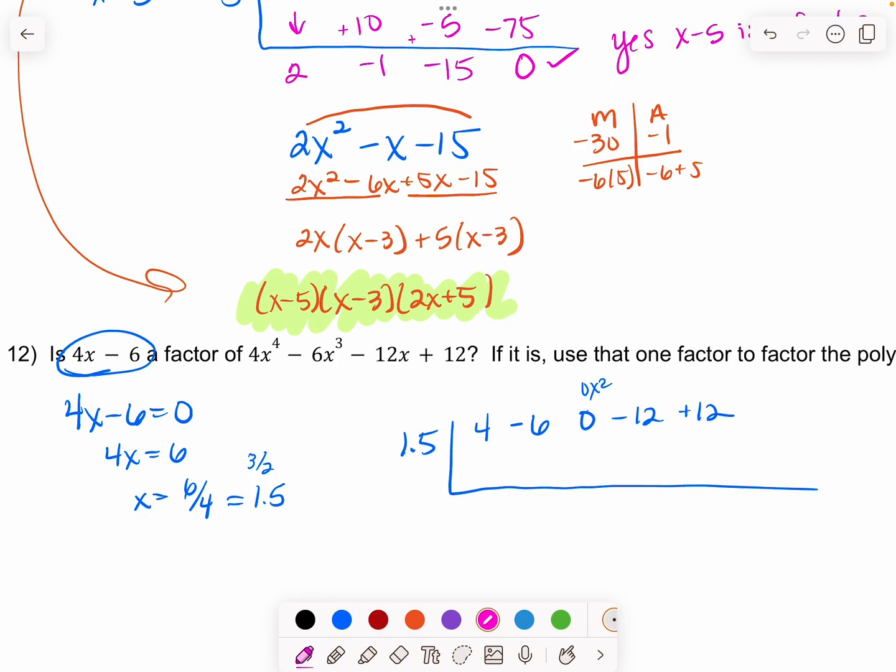All right, bring the first one down. Multiply. Add them up. Multiply. Add them up. Multiply. That's kind of nice, huh? Add them up. And then multiply. And then add them up.